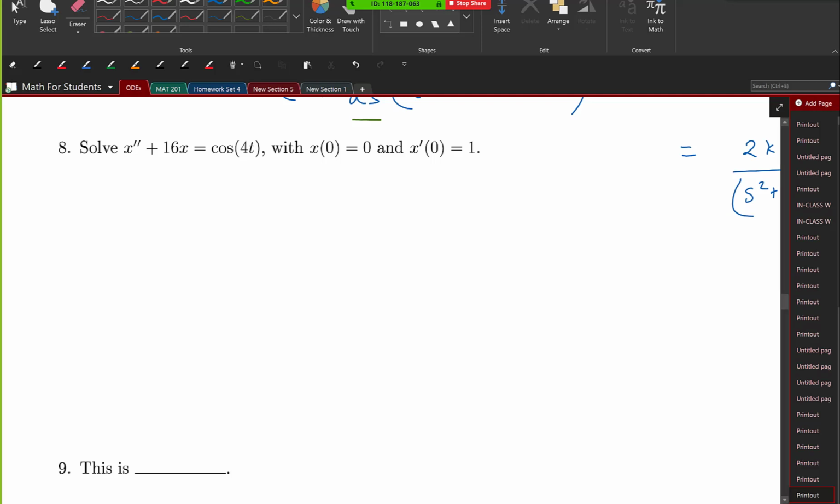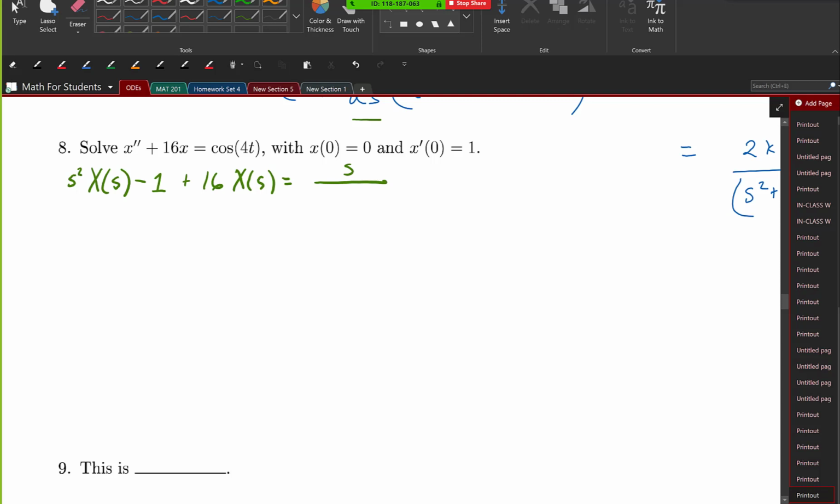So transforming this over, and I'm just going to do it in one step here, we'd have s squared x of s minus 1 plus 16 x of s is equal to s minus 1s.